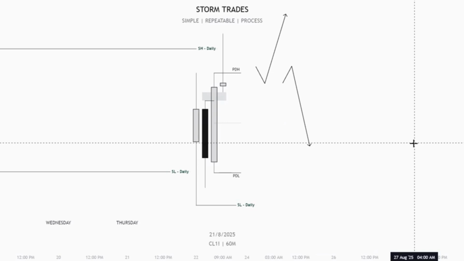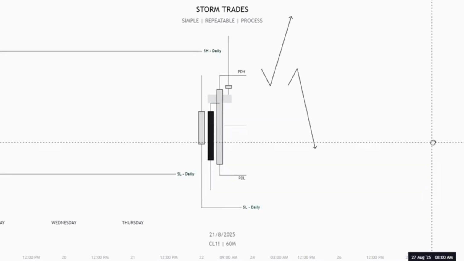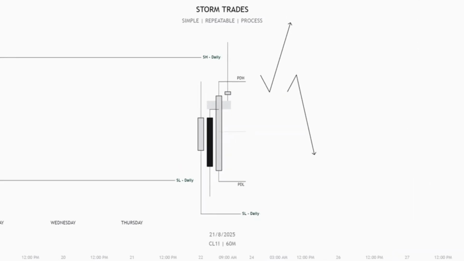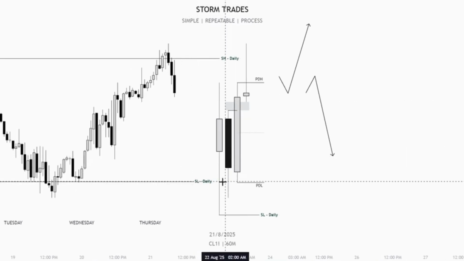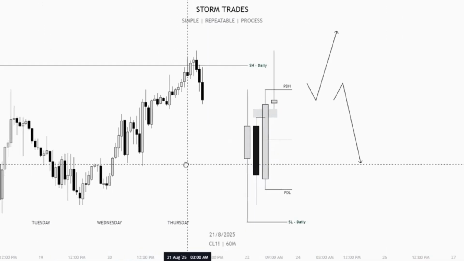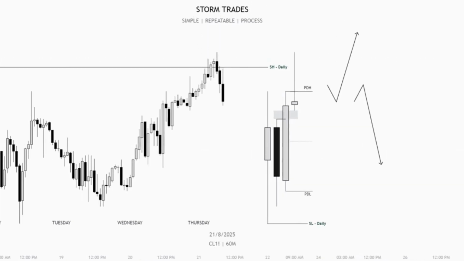I'm moving on to the hourly time frame, and I'm seeking out the most recent change in the state of delivery. And does that make sense in the context of the daily bias? Okay, so let me pull up the hourly chart, and we have it right here. I'm just going to pull this away. All right, now, interesting, right? What do we have right here after sweeping the swing high?